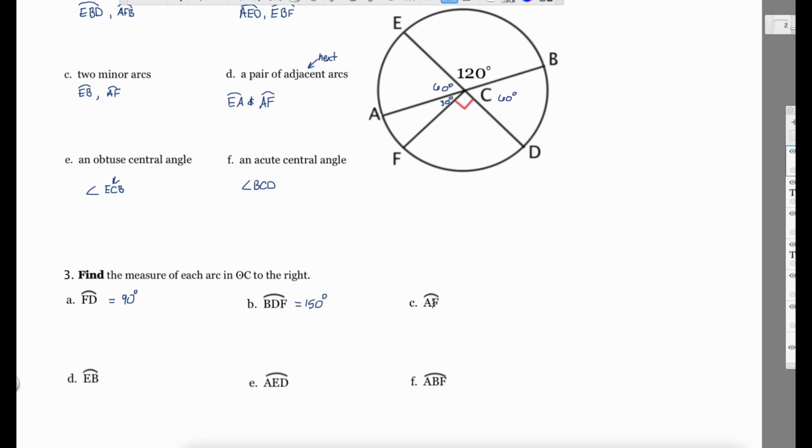The measure of arc AF is 30. EB, we already knew that, it's 120. AED is 180 plus 60, which is 240.